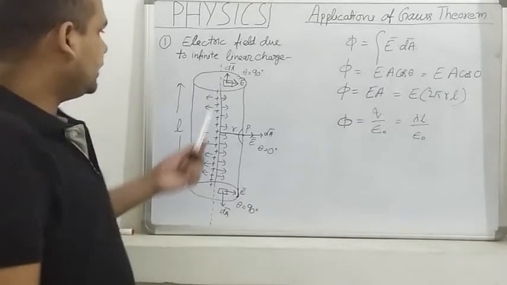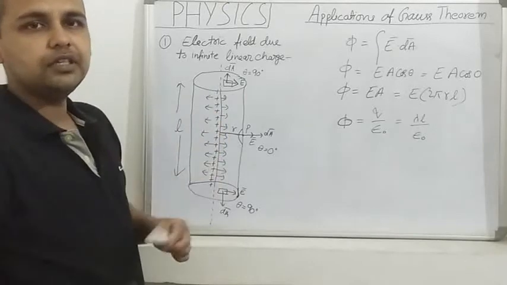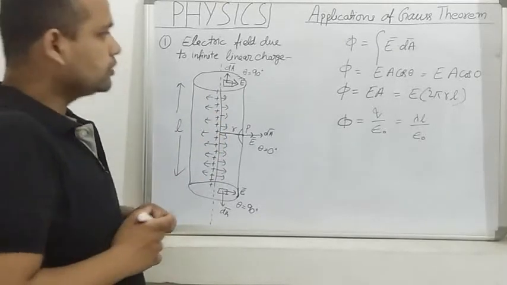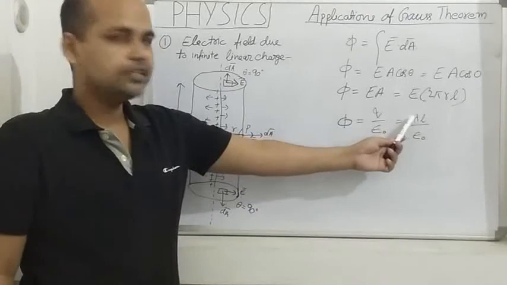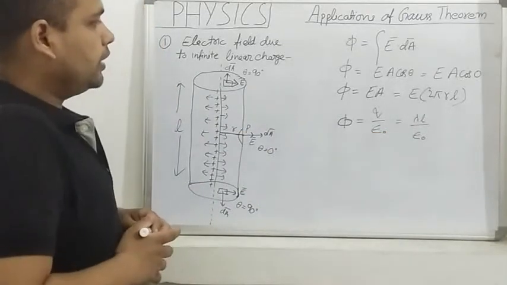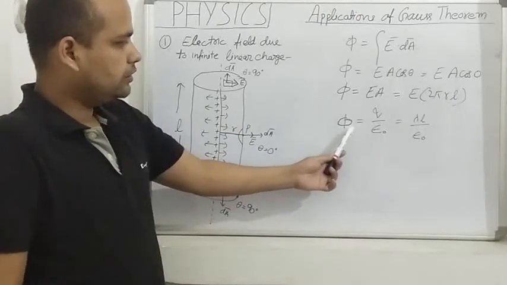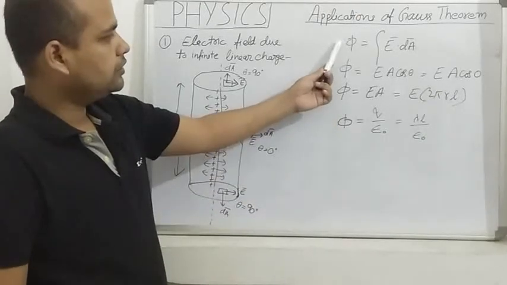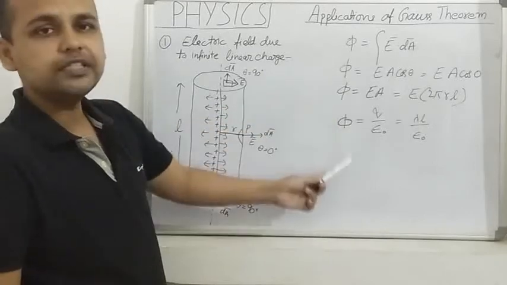Lambda is the charge density of this linear charge. So total charge Q will be equal to charge density into length, lambda L. Again you can see that this electric flux and this electric flux both will be same.